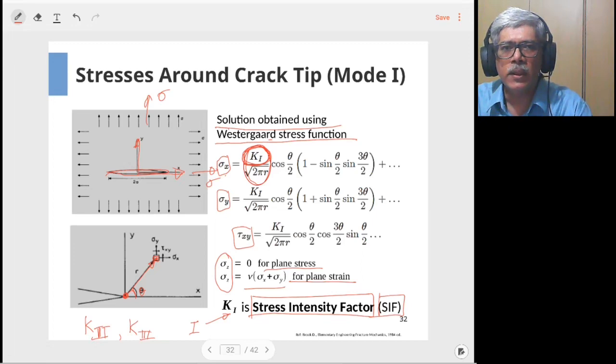We introduce a new parameter which is called stress. We define stress as force per unit area and then we relate this stress with a material quantity which we defined as yield strength or ultimate strength, and that is how we design the components using the classical strength of materials or solid mechanics approach.